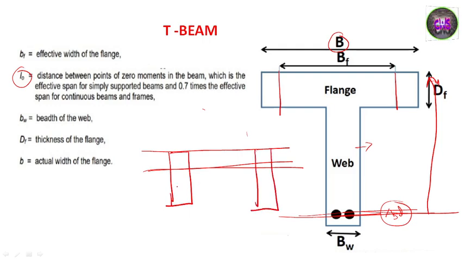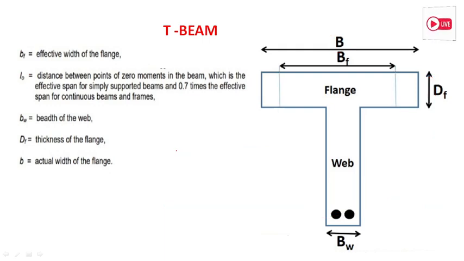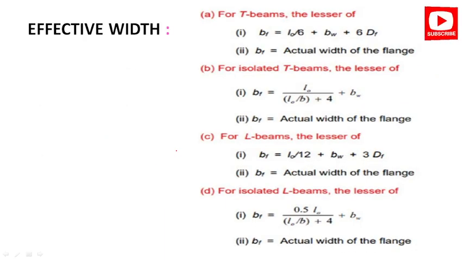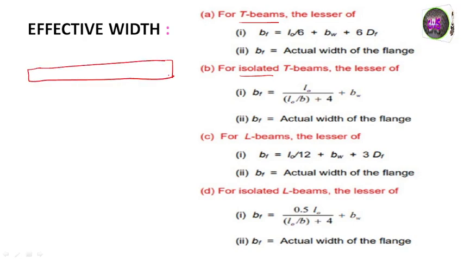Okay, so in that case, ಇಲ್ಲಿ ನೋಡಿ ನಿಮಗೆ ಡಿಫರೆನ್ಸ್ ಬಿಟ್ವೀನ್ ಟಿ ಬೀಮ್ ಮತ್ತೆ ಐಸೋಲೇಟೆಡ್ ಟಿ ಬೀಮ್ ಬಗ್ಗೆ ಹೇಳ್ಕೊಡ್ತೀನಿ. ಸಿಂಪಲ್ ಏನಂದ್ರೆ, ಈಗ for example, this is a slab and this is a slab. Now you have constructed the beams within this one. This is one beam and this is another beam.